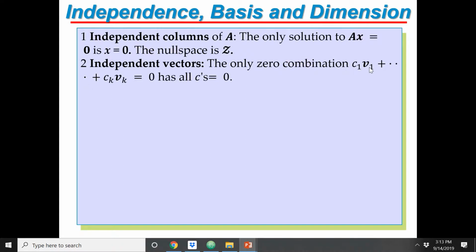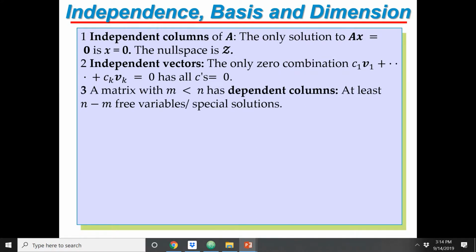Okay, so effectively you can look at these equations. If, let's say, C1 turns out not to be 0, effectively this equation means that you'll be able to write V1 as a linear combination of V2 to Vk, and that's an equivalent definition of independence of vectors. If we have a matrix with m rows and n columns, we know that this matrix has a non-zero null space.